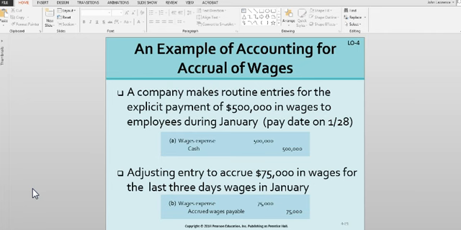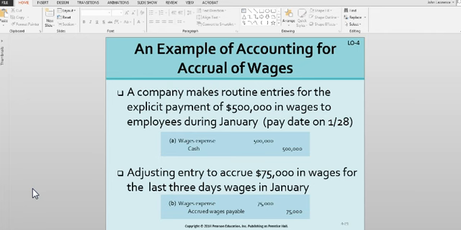They recorded a debit to salaries or wages expense, increasing wages expense by $500,000, and a credit to cash, decreasing cash by $500,000. But now, at the end of January, you still have 3 days of salaries. In order to look at a balance sheet for January 31st or an income statement for the month of January, we really need to have those additional 3 days of wages accrued.